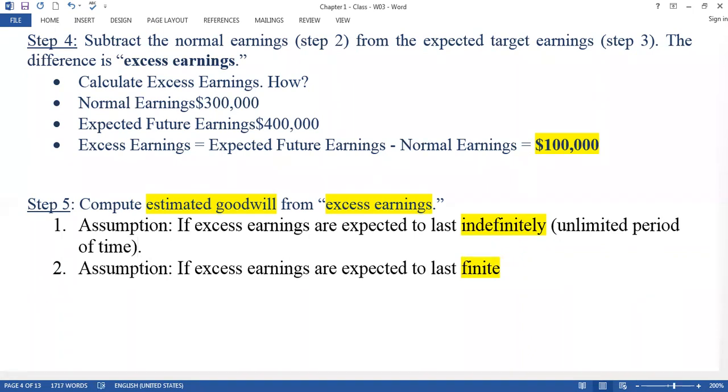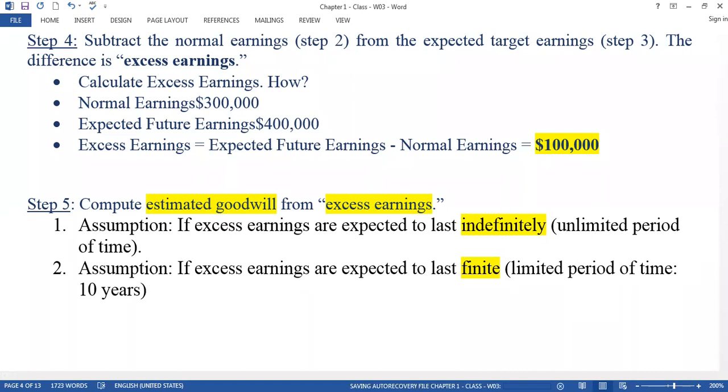Do you understand? And if excess earnings are expected to last finitely, that means a limited period of time, something like 10 years. Do you understand?